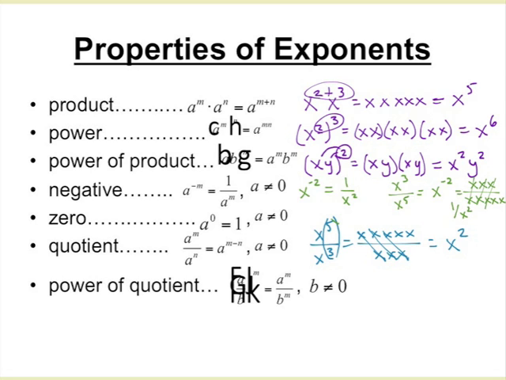So a negative exponent is really an exponent that belongs in the denominator. In a simplified final answer, we would not consider a negative exponent to be simplified. So any negative exponents belong in the denominator.